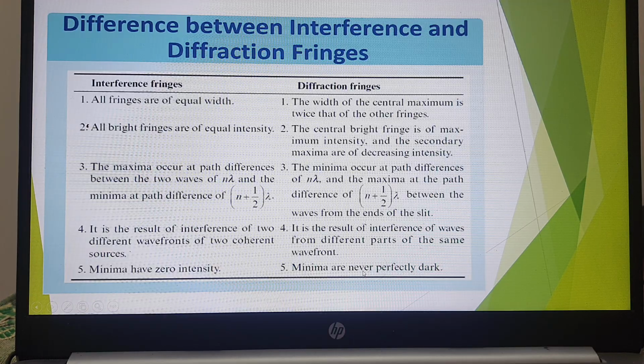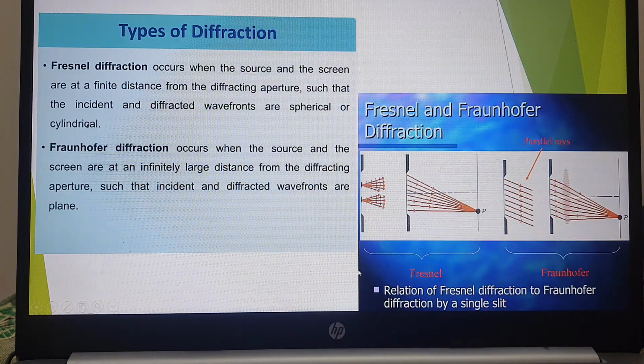There is no perfectly dark region in diffraction, but there is the geometrical shadow region.